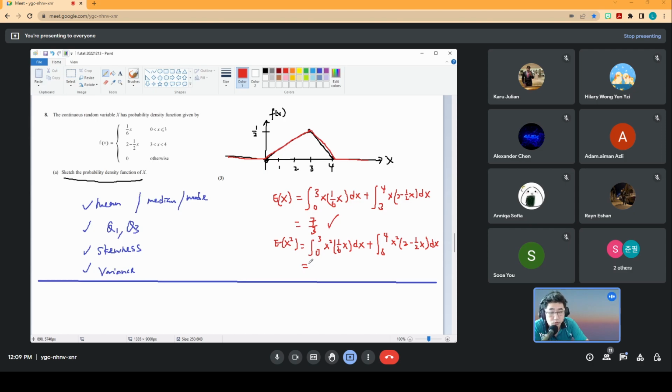So this one is q, this one is square, this one is cube. Wait, no, 13/8. I forgot to square the mean.